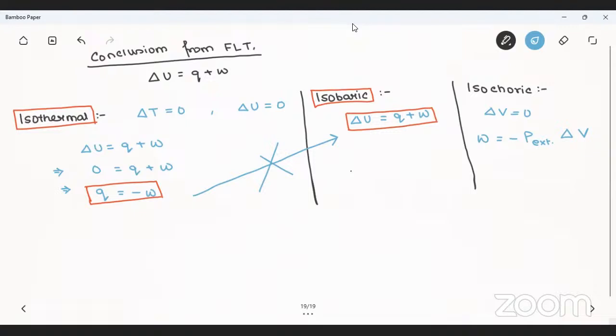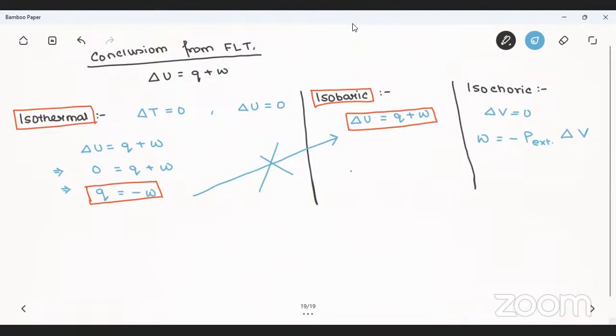So that is the reason we can do this. Here delta T is equal to 0. This is only for isothermal process, this is only for isobaric process, this is only for isochoric process. Yes or no?